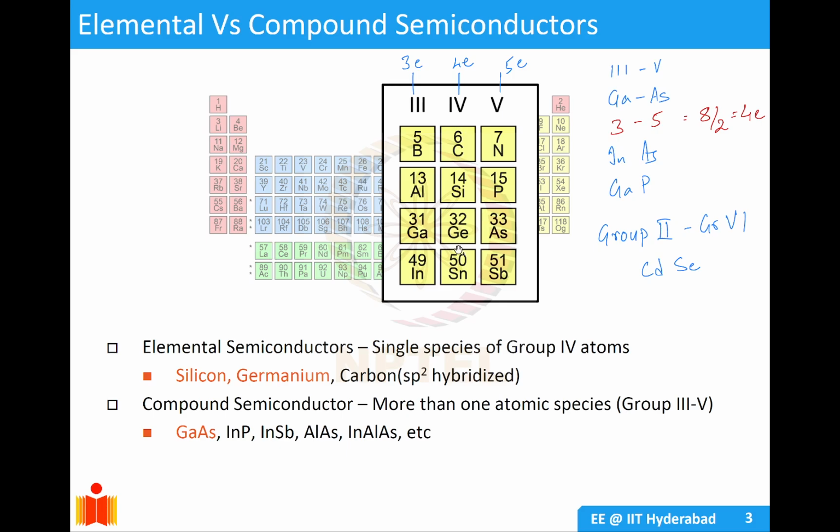Group 4 generally shows elemental semiconducting nature, like silicon and germanium, and we can also combine multiple materials to form compound semiconductors, which are generally made by combining one element from group 3 with one element of group 5, such as gallium arsenide, indium phosphide, indium arsenide, and then also from group 2 and group 6, like cadmium selenide.